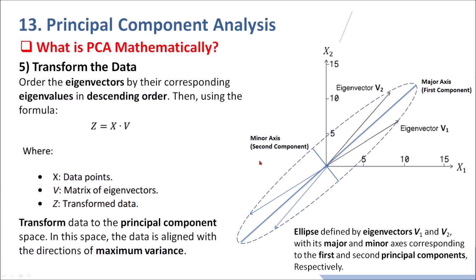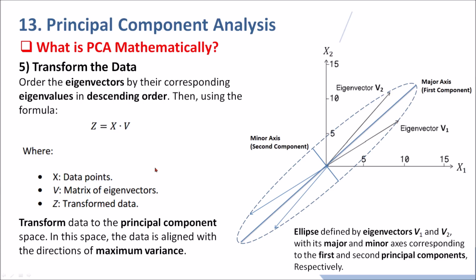Finally, step 5, we need to transform the data. Now we have eigenvector 1 and eigenvector 2. The issue is how we transform the data, namely how we do the PCA. This is the final step, because now we have the eigenvectors, namely the endpoints of the eigenvectors.